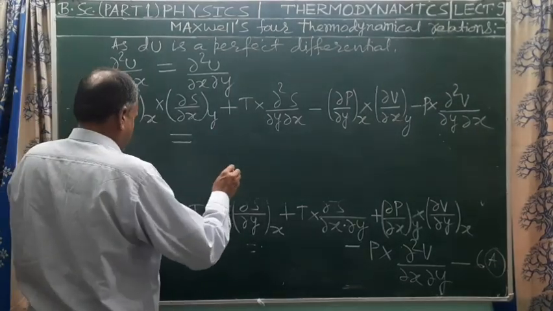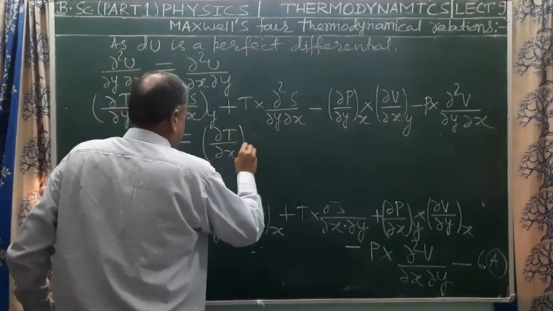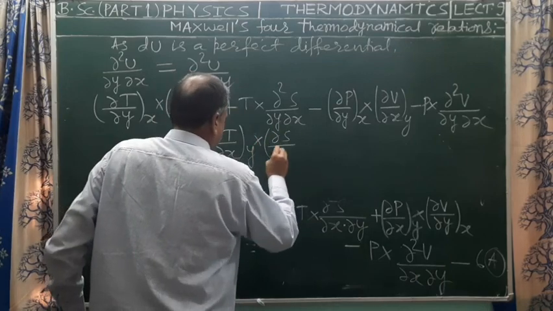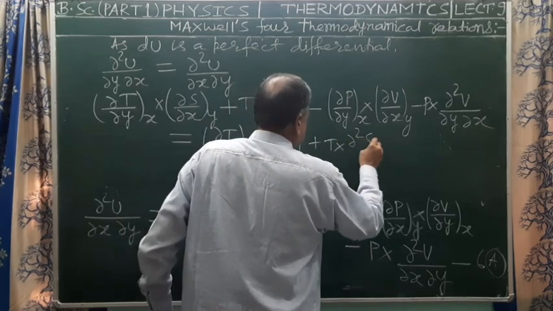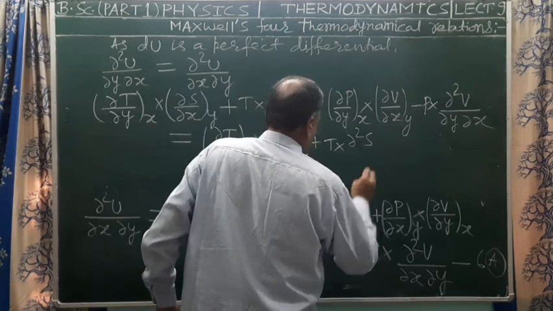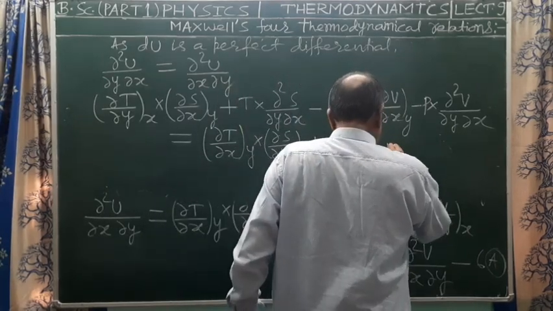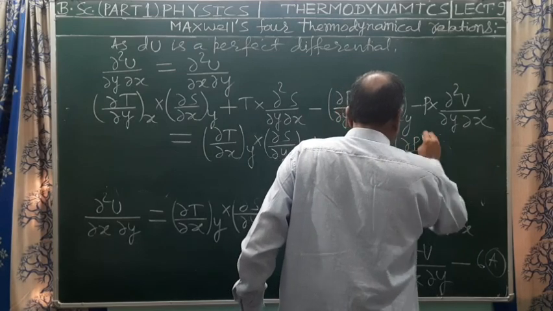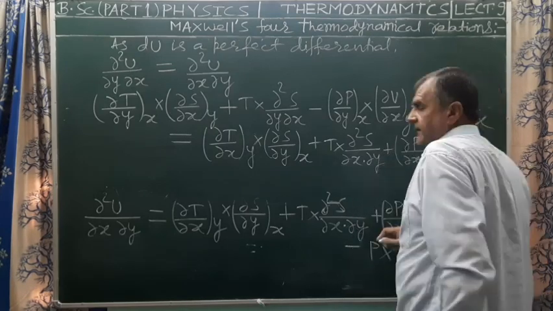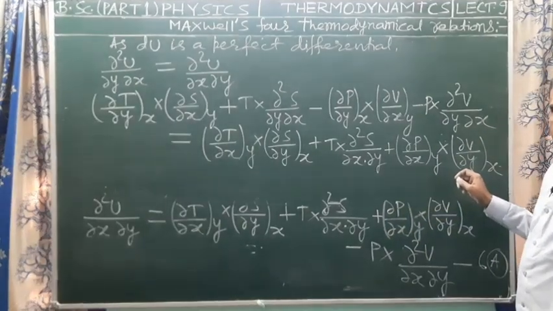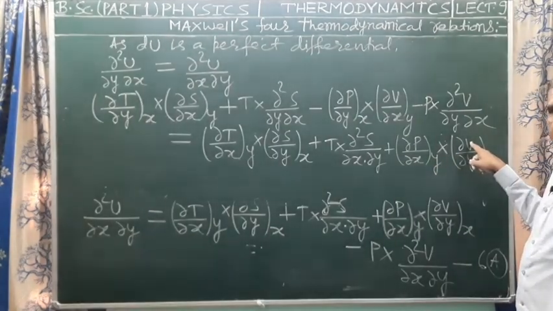So ∂²U/∂x∂y is equal to (∂T/∂x) at constant y multiplied by (∂S/∂y) at constant x plus T multiplied by ∂²S/∂x∂y, and the next term is plus (∂P/∂x) at constant y multiplied by (∂V/∂y) at constant x.